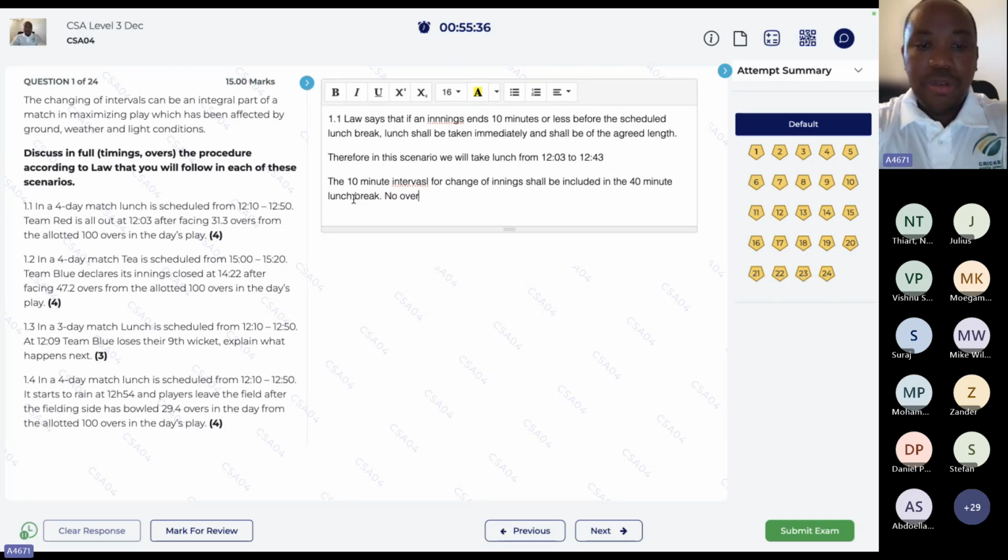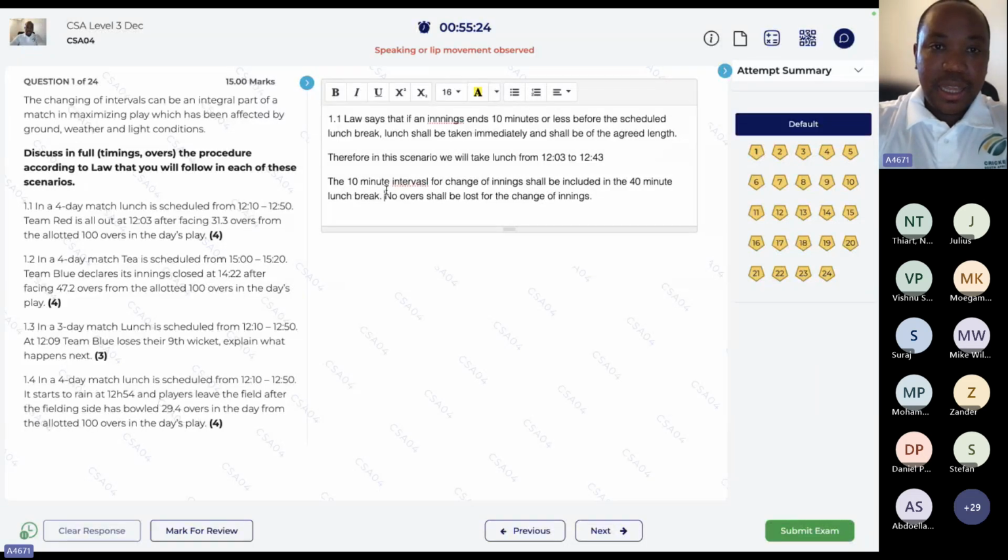No overs shall be lost for the change of innings. I think it's a good idea to say, therefore, no overs shall be lost for the change of innings.